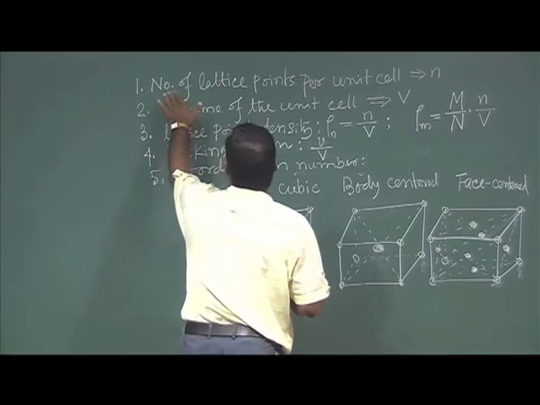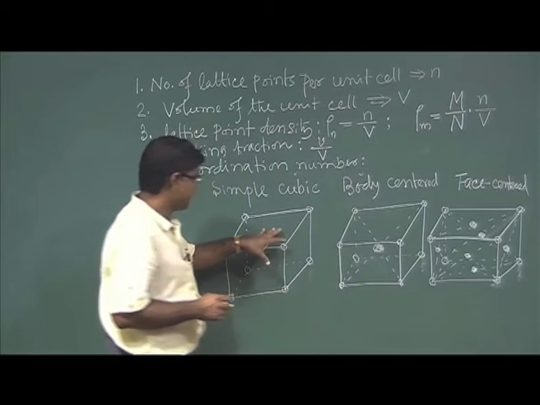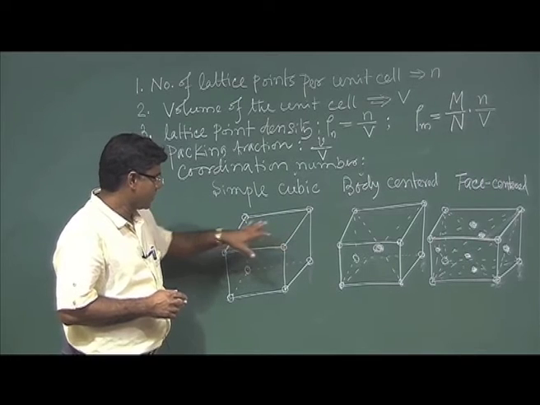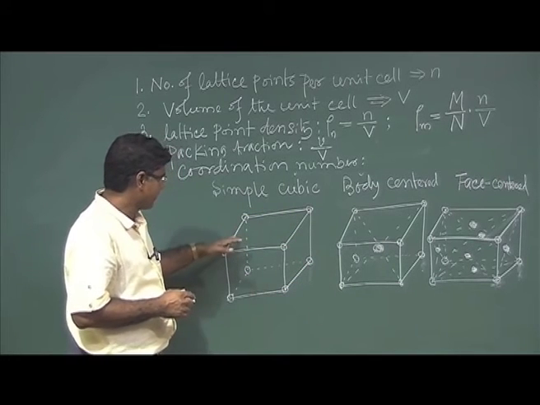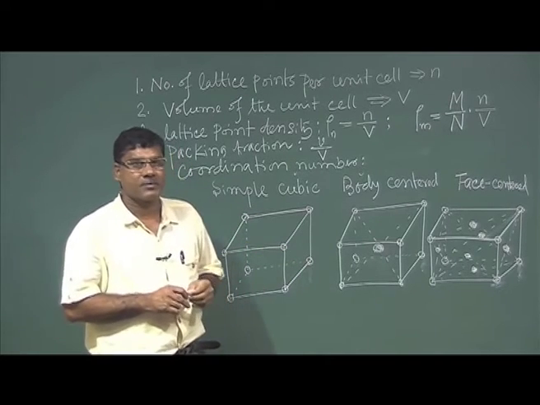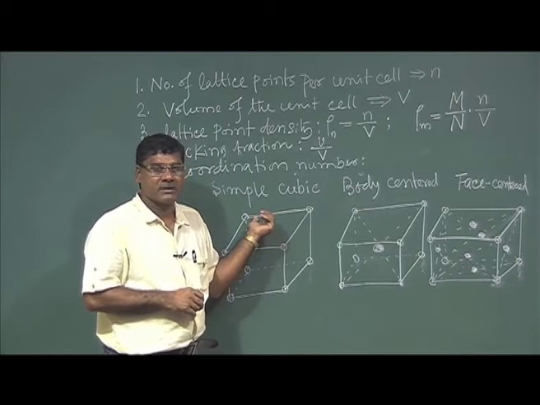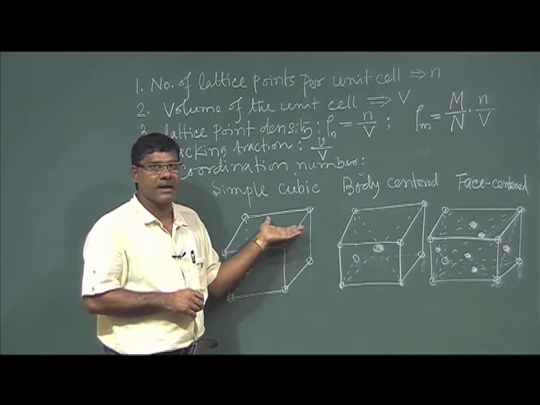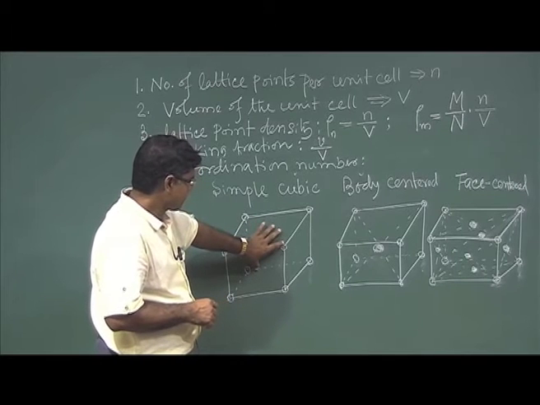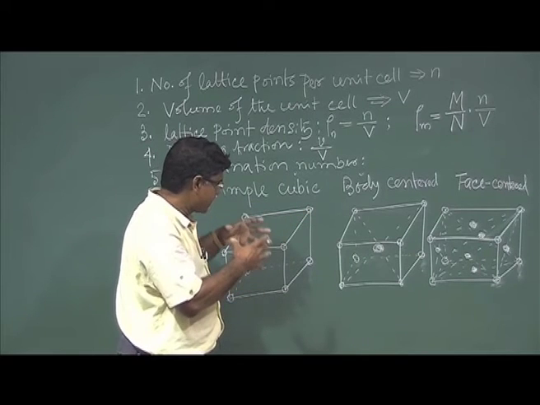So, let us first calculate the number of lattice points per unit cell, in the case of simple cubic. In this unit cell, 8 corners are there, so 8 lattice points, but it is not that there are 8 lattice points per unit cell, because this is one unit cell in a crystal.